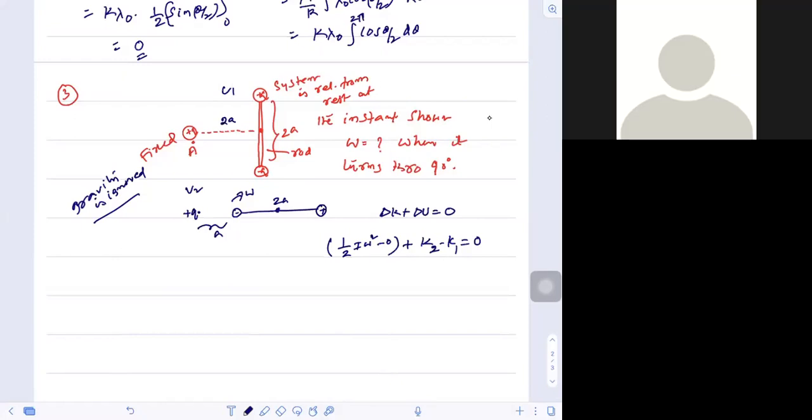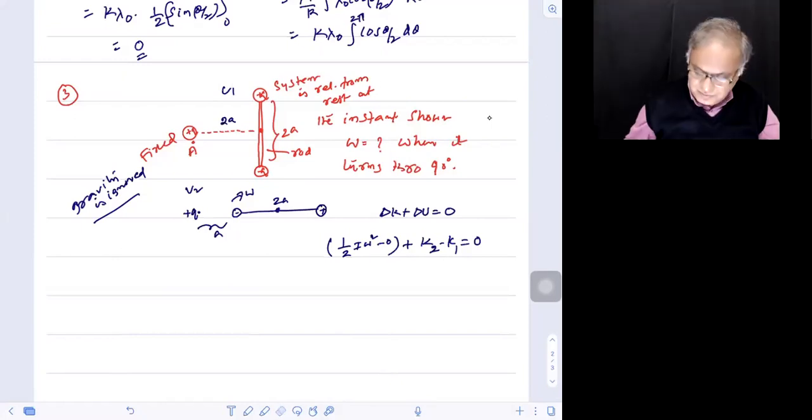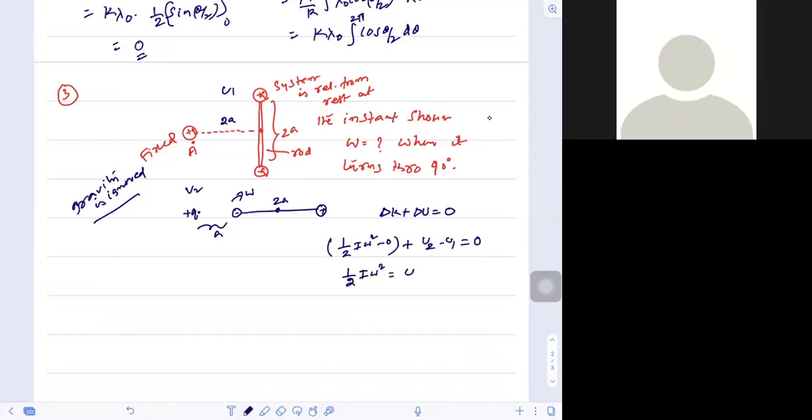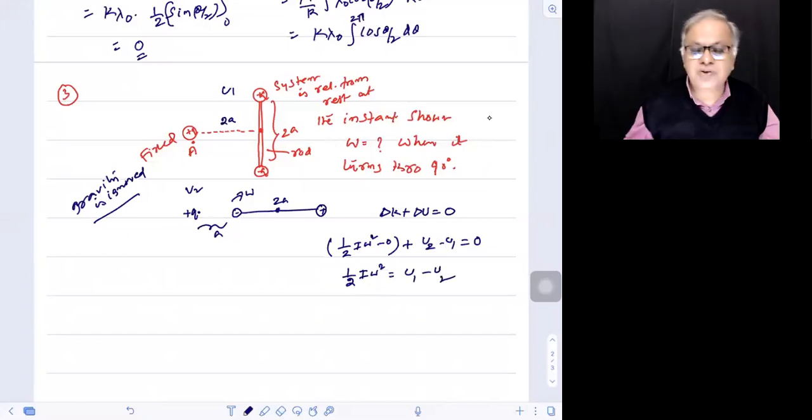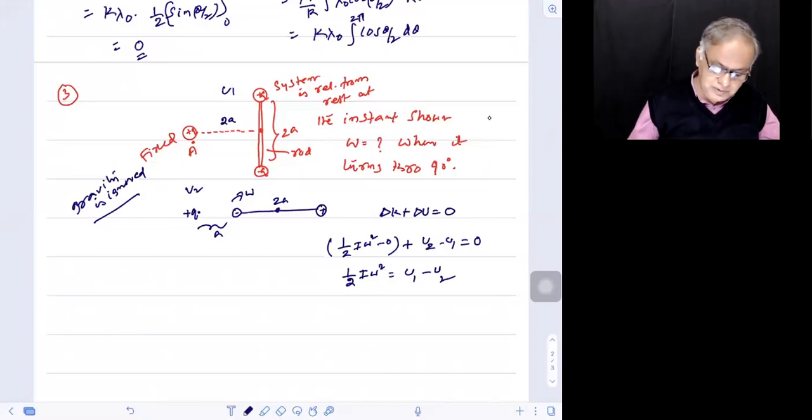So half I omega square equals U1 minus U2. So is it not reducing to a simple problem like this? U1 is now, U2 is later.